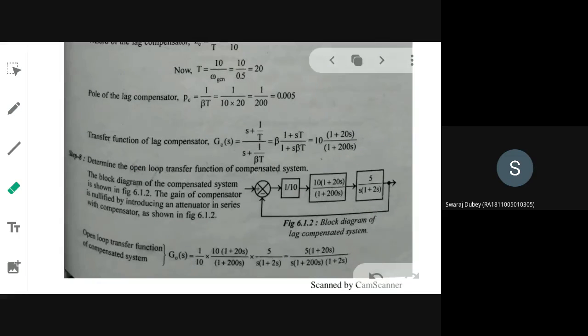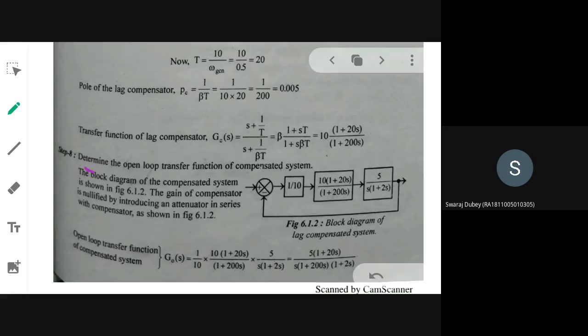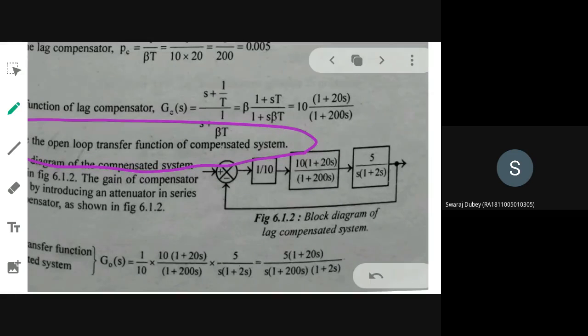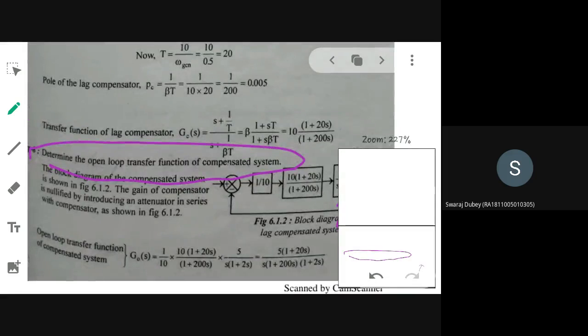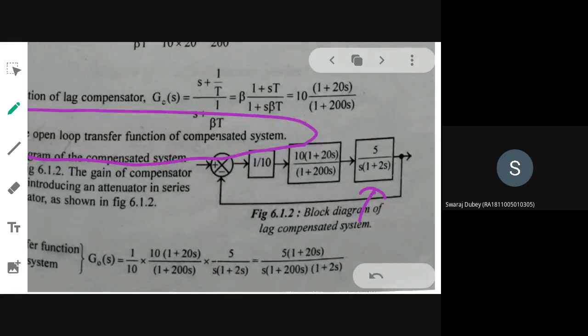Next, you need to draw the open loop transfer function of the compensated system. So you know the original system is a negative feedback system, given by what transfer function? 5 divided by s into (1 plus 2s) is your original system, for which you are trying to get the phase margin equal to 40 degrees.